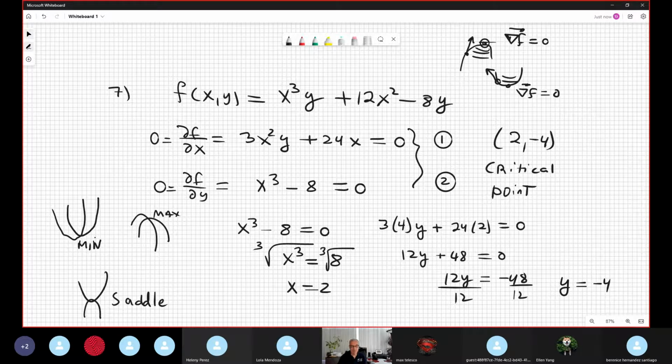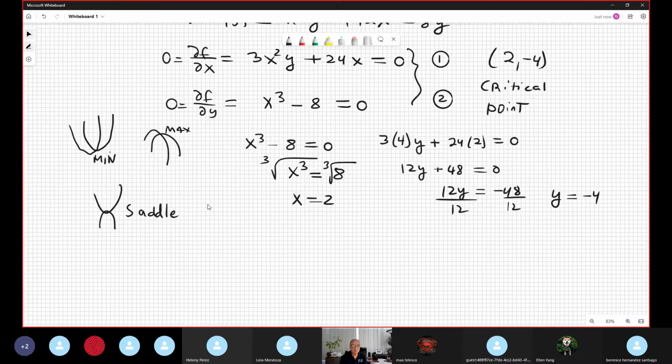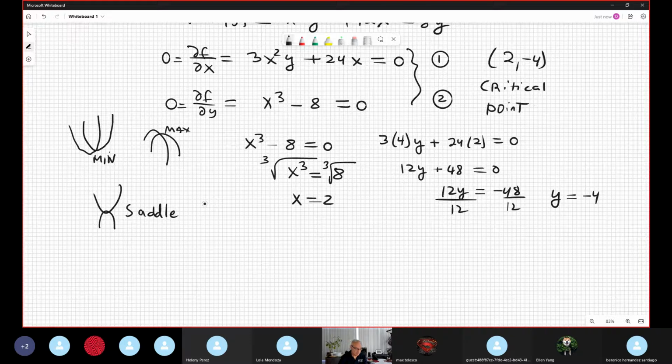Okay? So let's compute the second derivatives. It's no big deal, it's easy. Let's compute the second derivative with respect to x two times. You take this expression and differentiate with respect to x: it is 6xy plus 24.